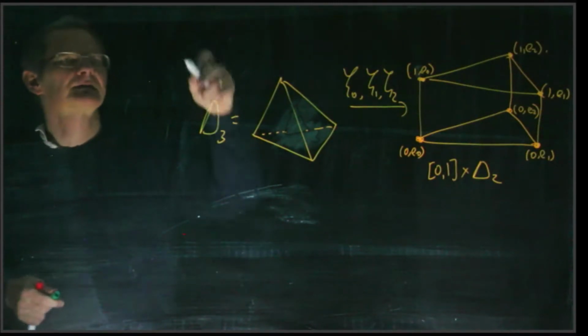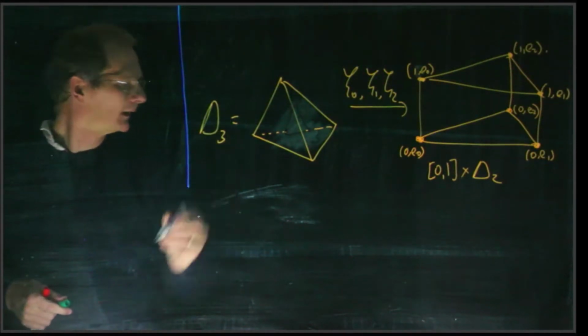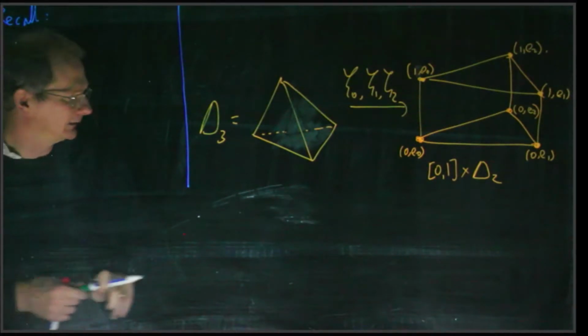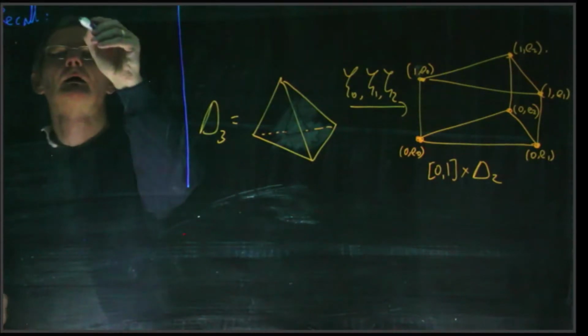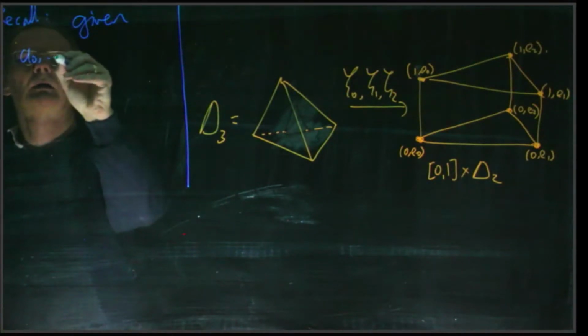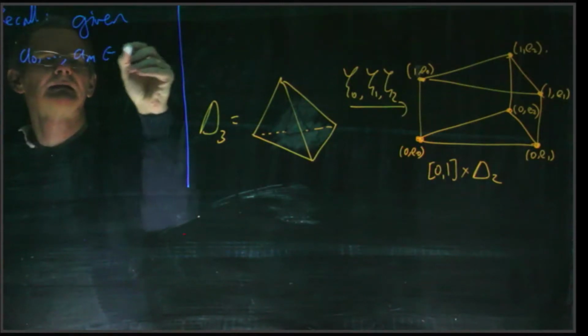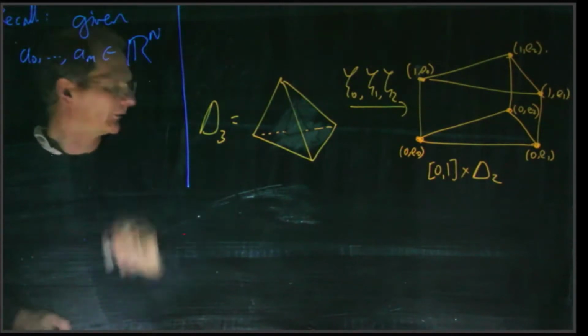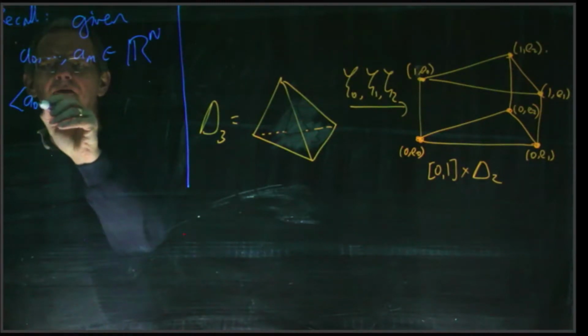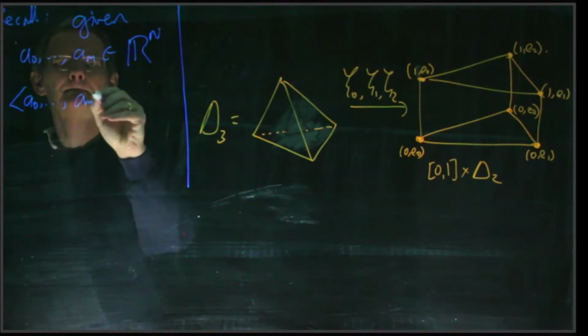So let's just recall the story about linear simplices. If I'm given, say, a0 up to am in some Euclidean space Rn, then I could define ⟨a0, ..., am⟩.